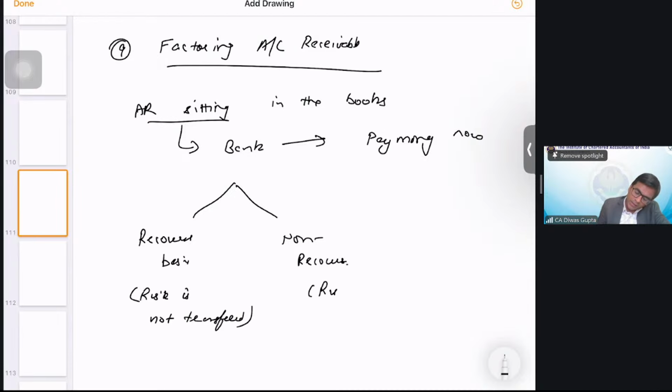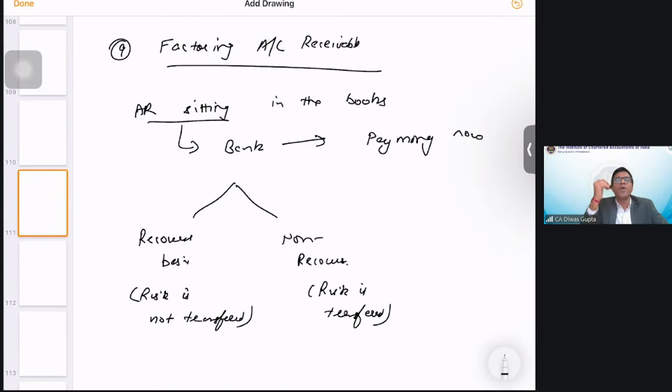Here the risk is transferred, right? So recourse basis is the basis in which the risk is not getting transferred. If tomorrow the debtor is not paying the bank, we will have to pay the bank.